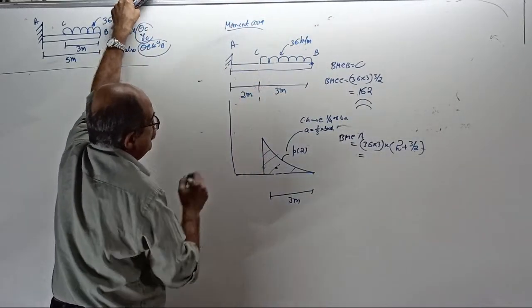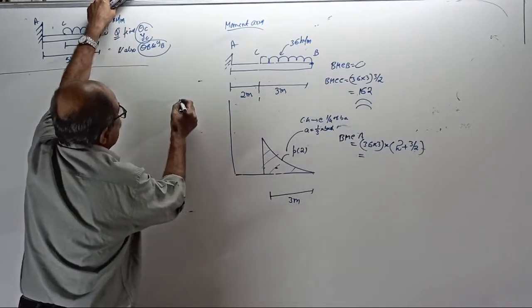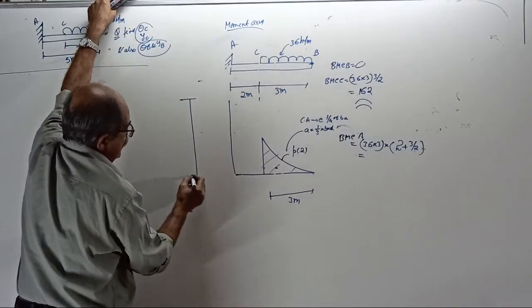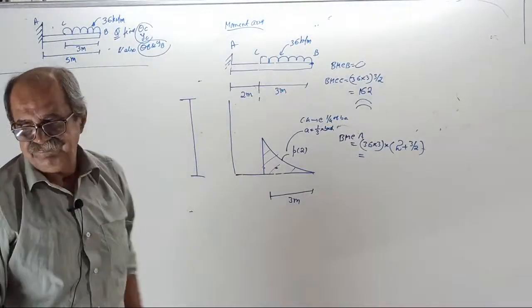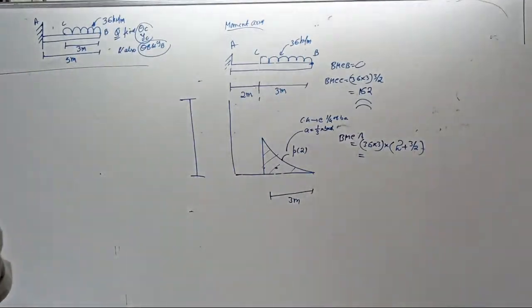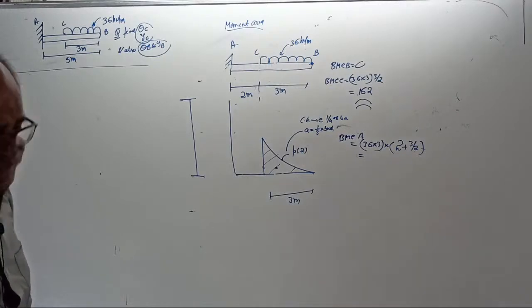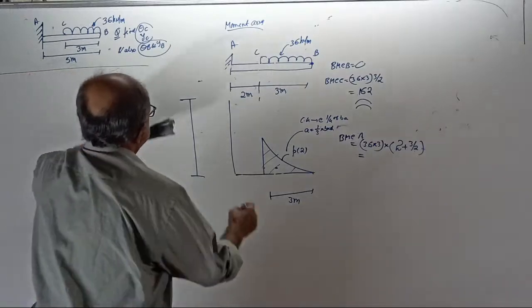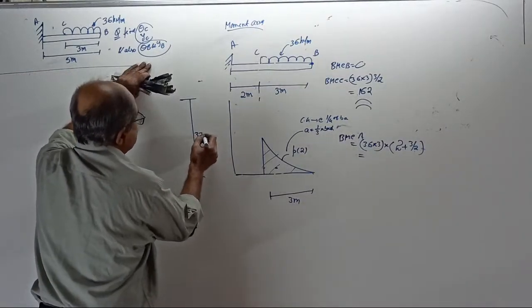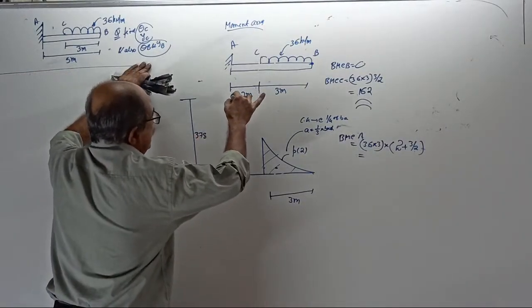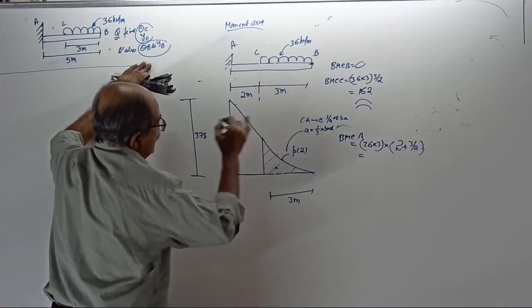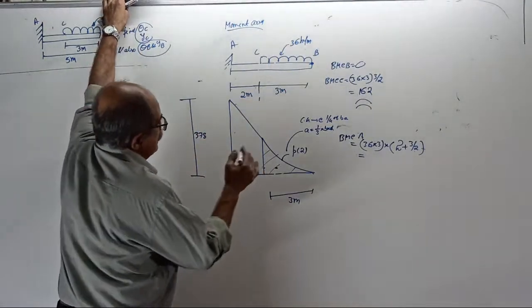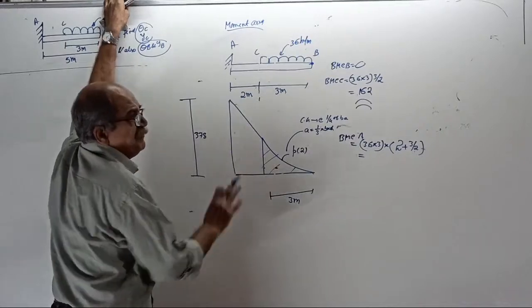How much is BM at A? 36 into 3 is the load, into 2 plus 3 by 2. That gives 378. Full is 378, joined by a straight line. Okay, straight line. Now, this is a trapezium.